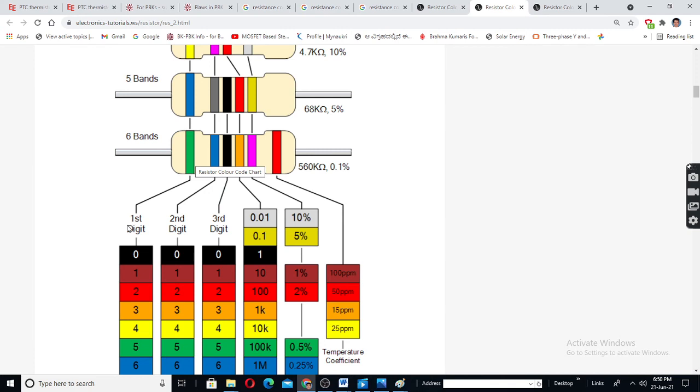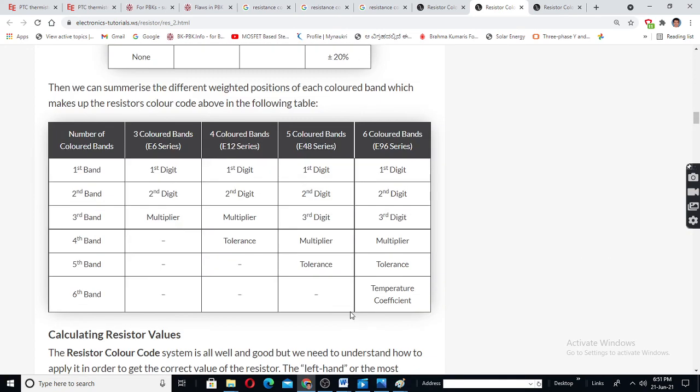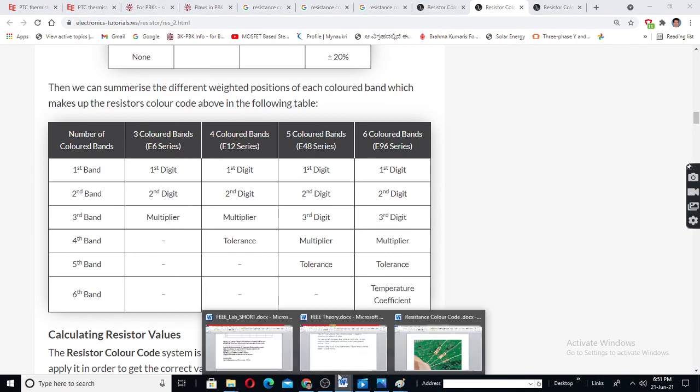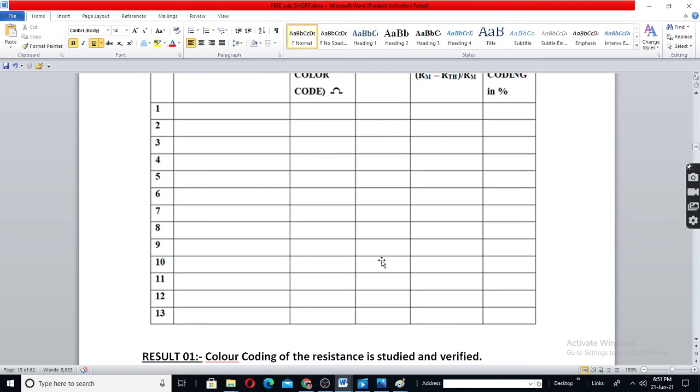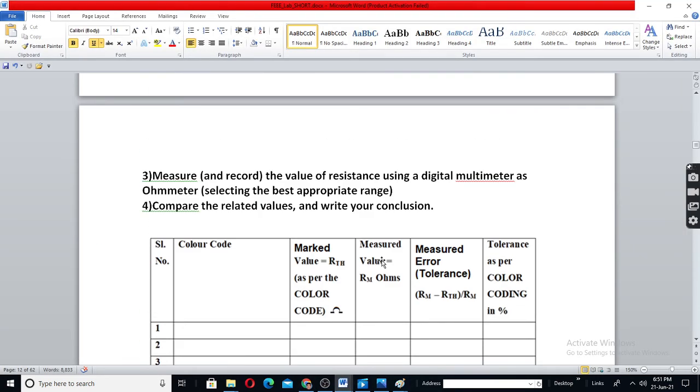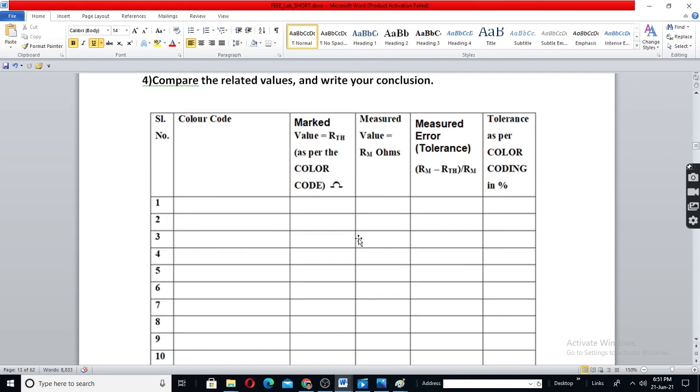First three are digits. Fourth band is multiplier. Fifth band is tolerance. Sixth band is temperature coefficient. So in the lab, you will be given some resistances.